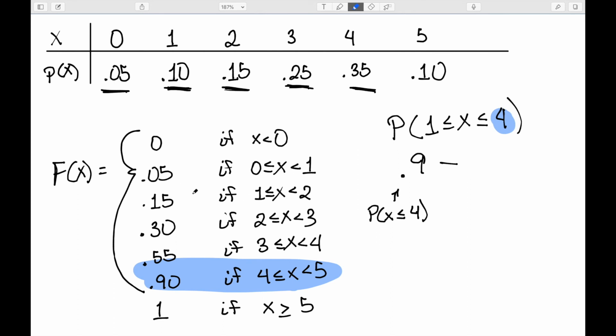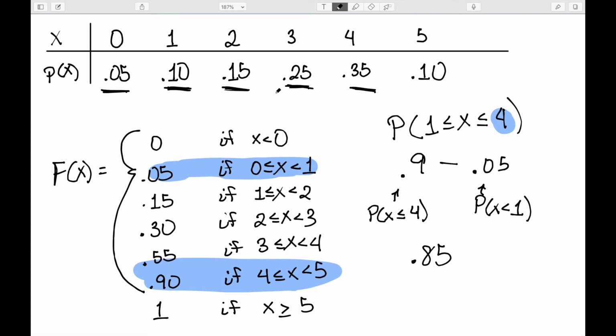So through this value here. So I'm going to subtract out and remove this probability, 0.05. This is the probability that x is strictly less than 1. So that gives me 0.85. And we can double check this. 0.1 plus 0.15 is 0.25, plus 0.25 is 0.5, plus 0.35 is 0.85, which is exactly what we wanted.